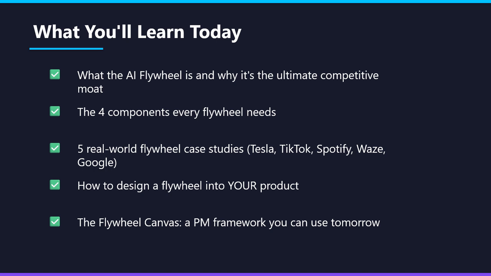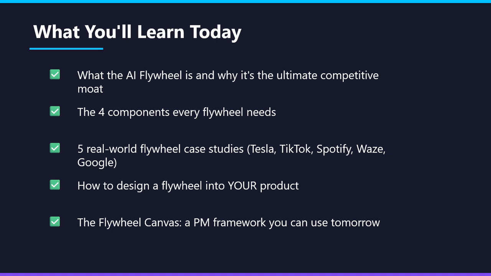And here is what we are covering today: what the AI flywheel is and why it's the ultimate competitive moat, the 4 components every flywheel needs, and 5 real world case studies: Tesla, TikTok, Spotify, Waze, and Google, and how to design a flywheel into your own product, and a flywheel canvas framework you can fill out tomorrow.